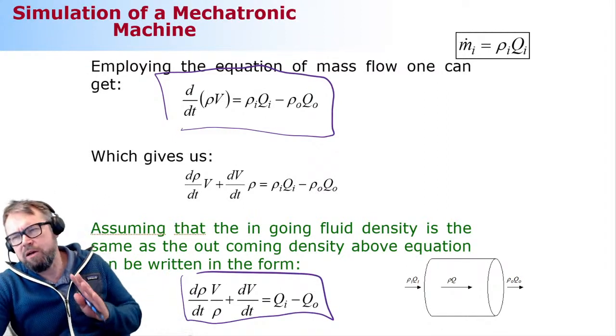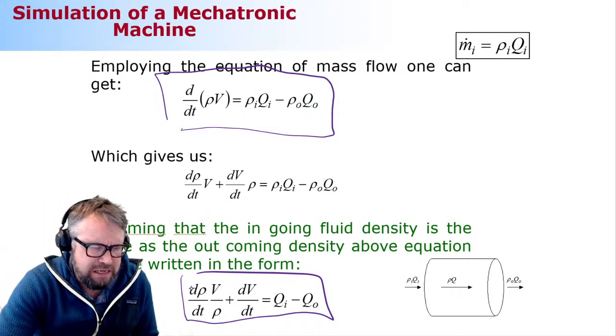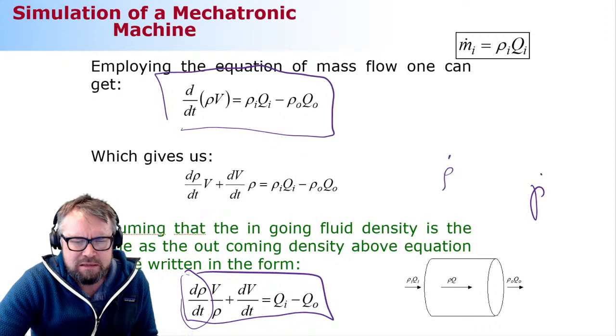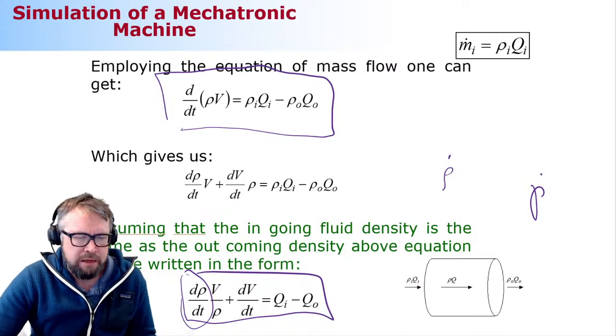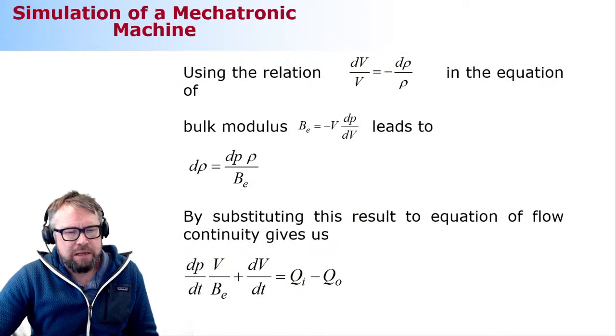So it's getting close to what I need. But I still have this problem because I have this density rho. I don't want to use rho. I want to have the pressure P, not density. How can I change that? Well, I can use a little bit of mathematical skills.